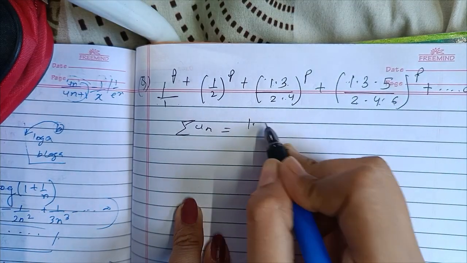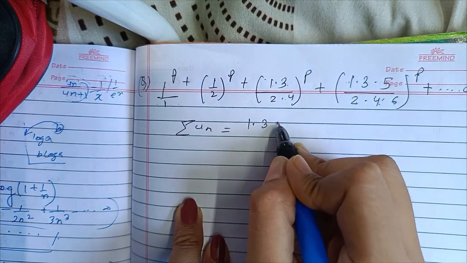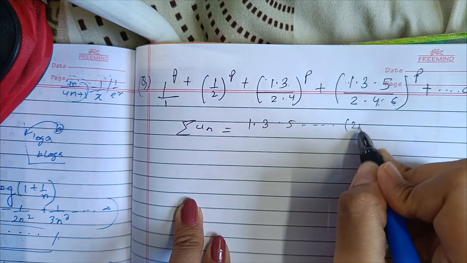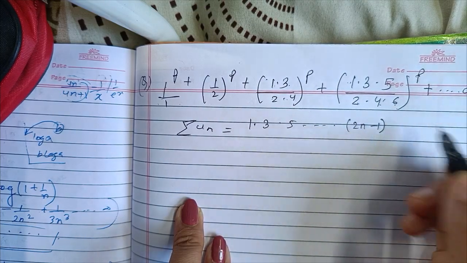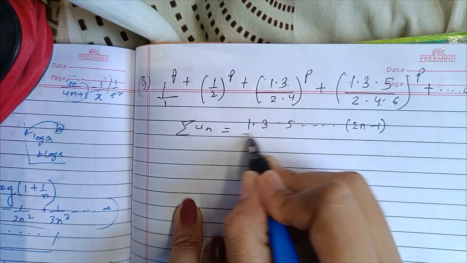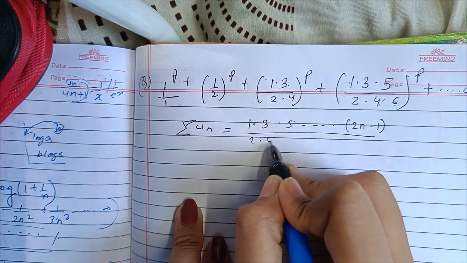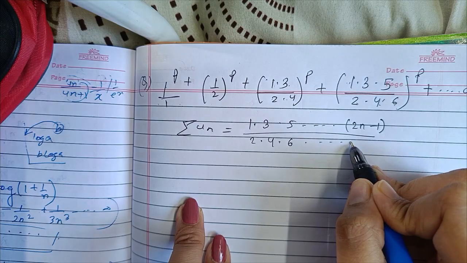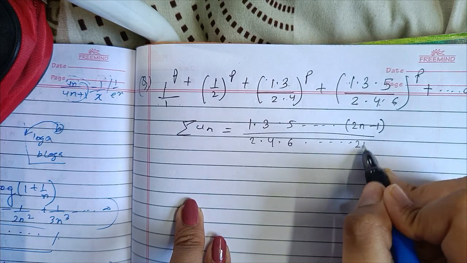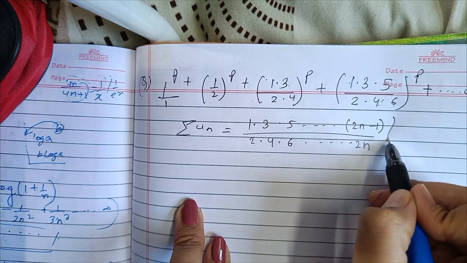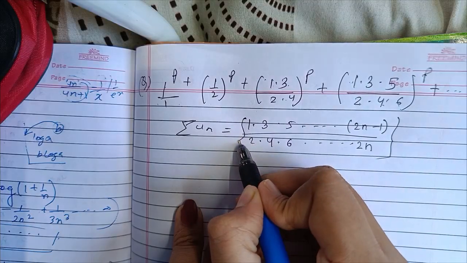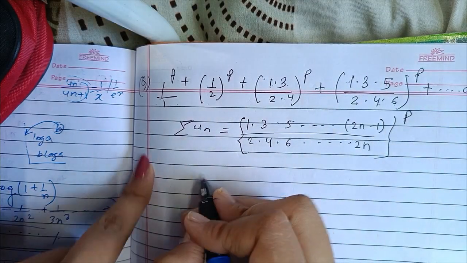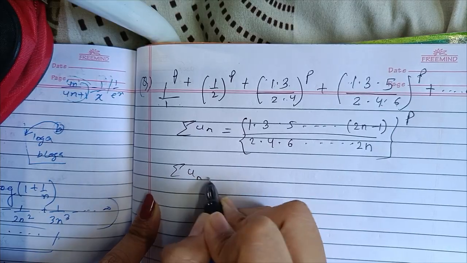So 1, 3, 5, and the representation of an odd number is 2n minus 1, divided by 2, 4, 6, and the representation of an even number is 2n. This whole bracket is raised to the power p. Okay, now what is un plus 1?